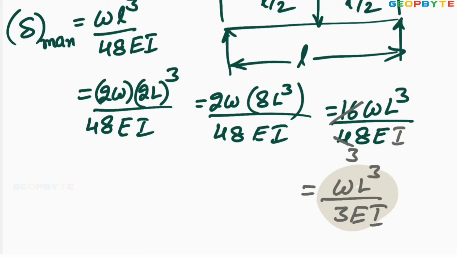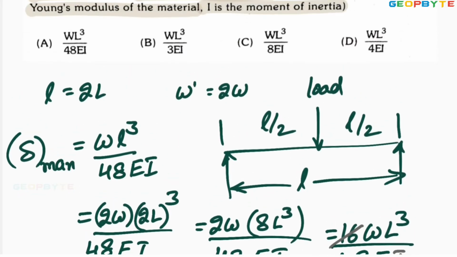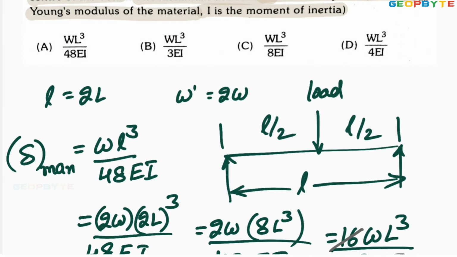WL cube by 3 EI. Look at the options. WL cube by 48 EI is not correct. WL cube by 3 EI is absolutely correct. Option B is correct. I hope you understood. Let us move to the next problem.